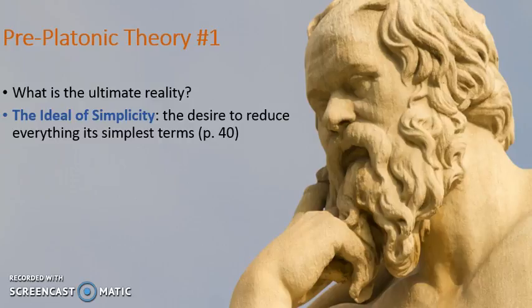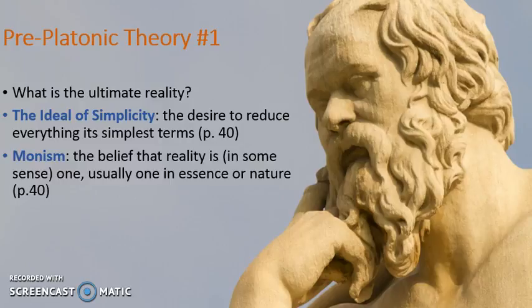Using the ideal of simplicity led to one of the first philosophical theories, and that's called monism. Monism is the belief that reality is, in some sense, one. So it's unified. It's just one thing. And usually, when we say it's one, it means it's one in essence or nature.